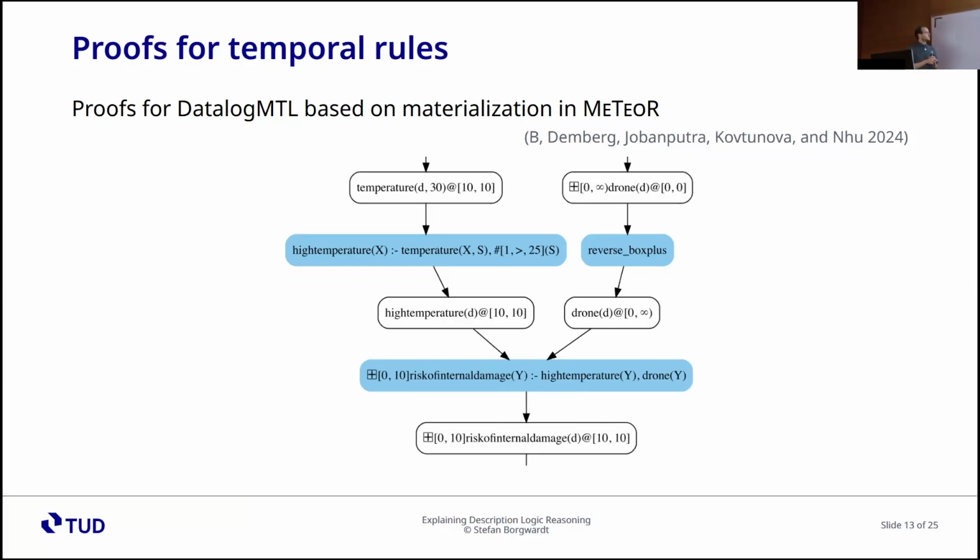That allows us to give some reasoning that will become relevant later for this drone use case that I showed earlier. For example, here we have some rules related to some sensor data in the drone, and then we also have some temporal operators that tell us when certain things occur, and the reasoning process in Meteor and these proofs have to take into account these temporal operators like this box here, for example.